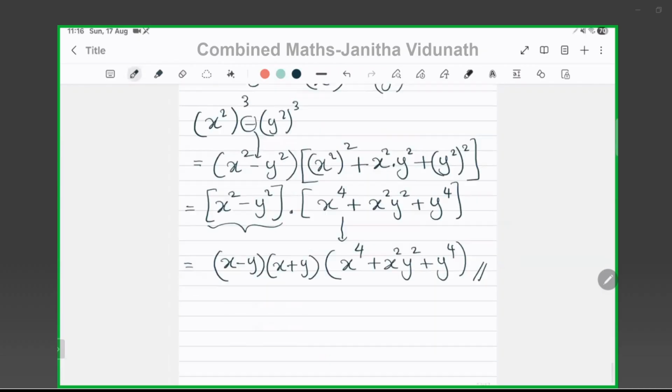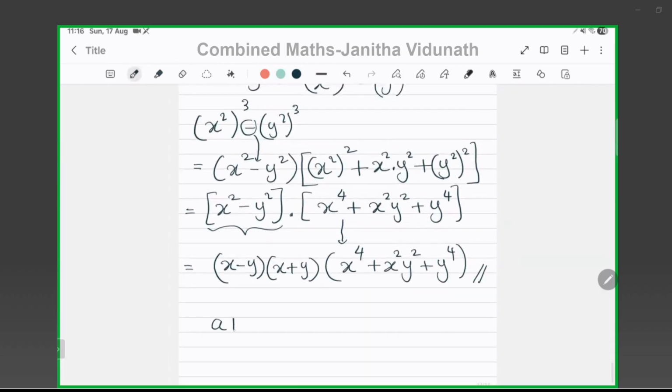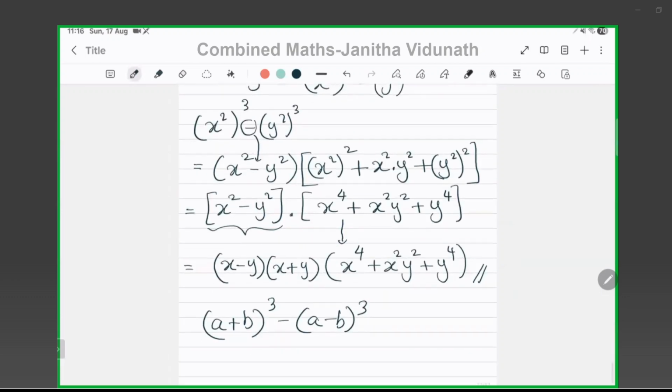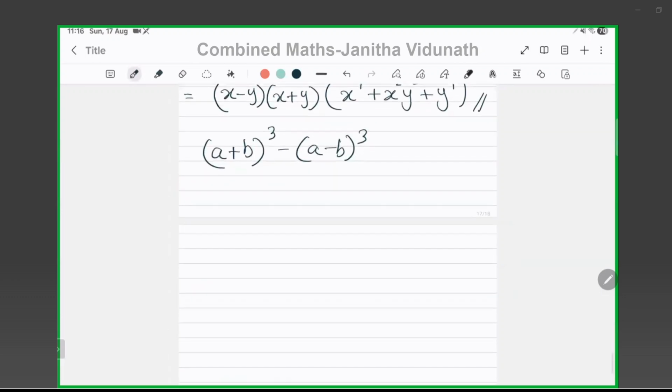Now our last question is a plus b whole cube minus a minus b whole cube. Here our first term is a plus b and our second term is a minus b. Then we can factorize this as first term, the same sign as in the question, and the second term.